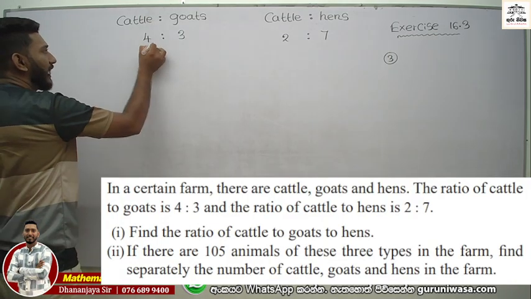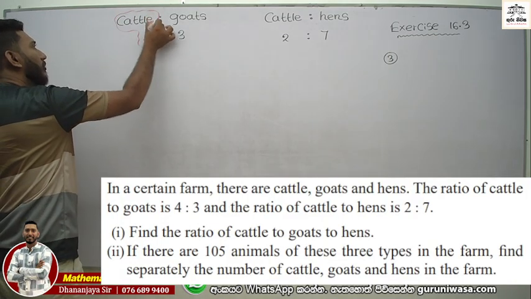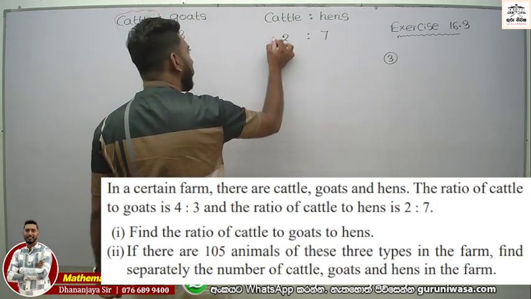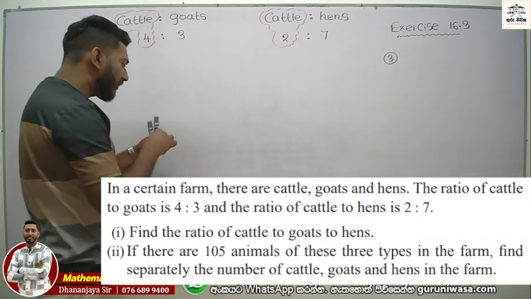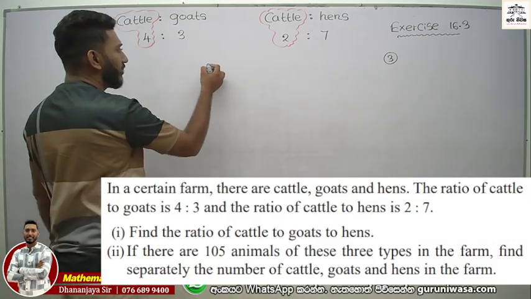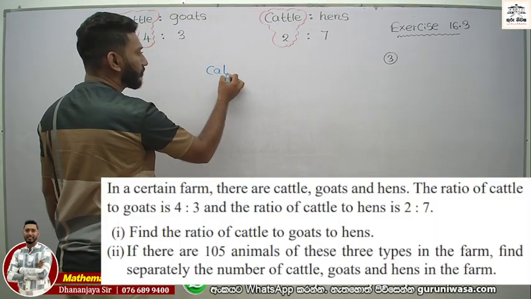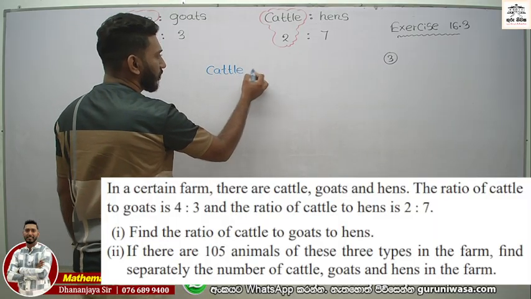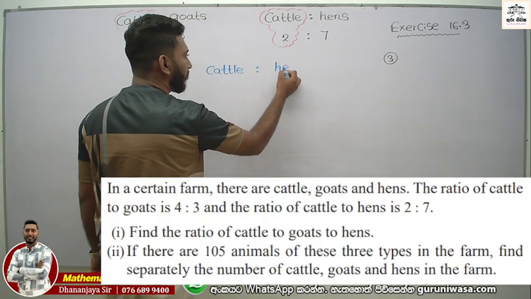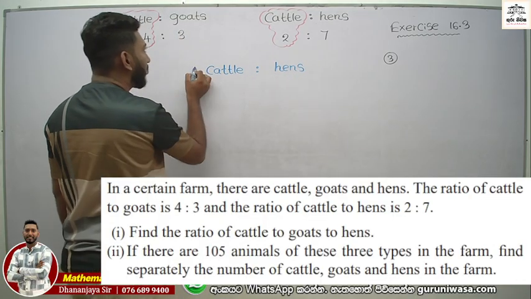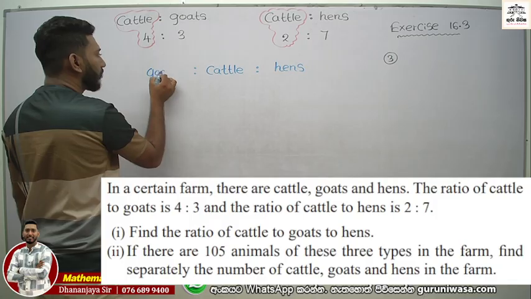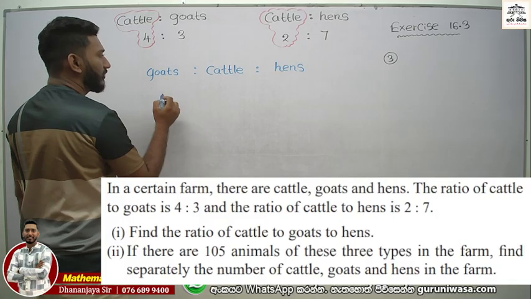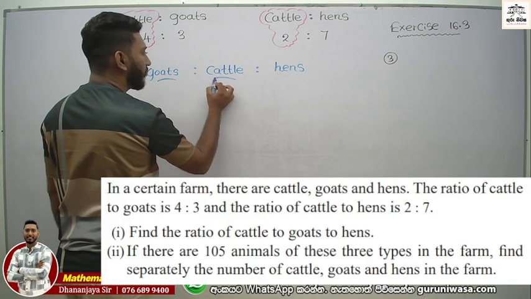Therefore, cattle is the common thing. Now you need to write it as the middle thing. Right, now I'm going to write cattle in the middle, then hens, and the first one goats.